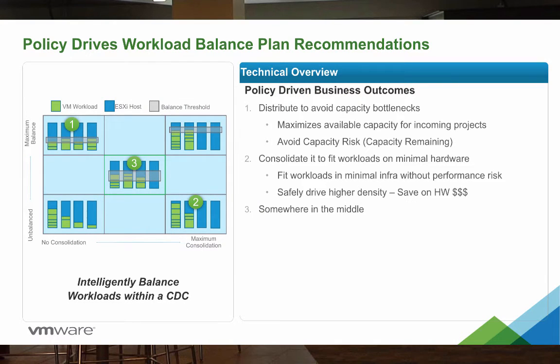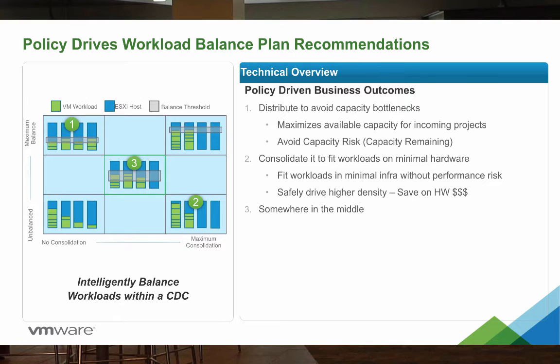Policy really drives the workload balance plan. And if we look here, we can see that you can distribute inside of those spaces for optimization to avoid bottlenecks, avoid capacity risk, and to be able to fit workloads inside of the space they need to go with minimal risk and without having to deal with performance hits just because you need new deployments.